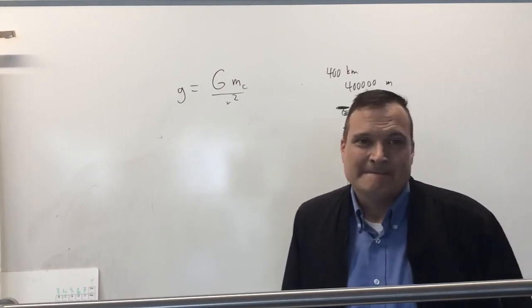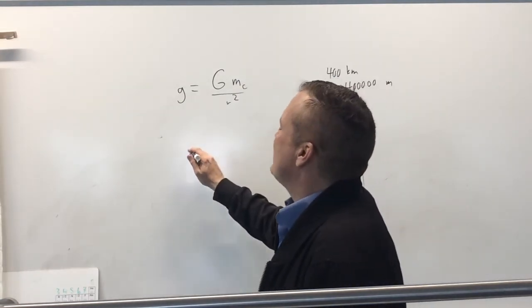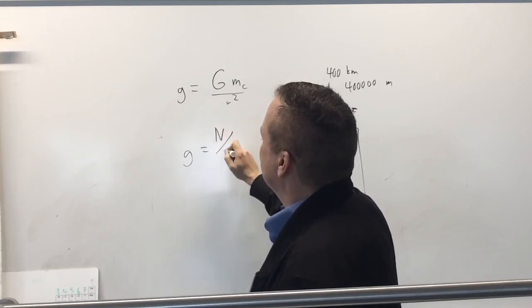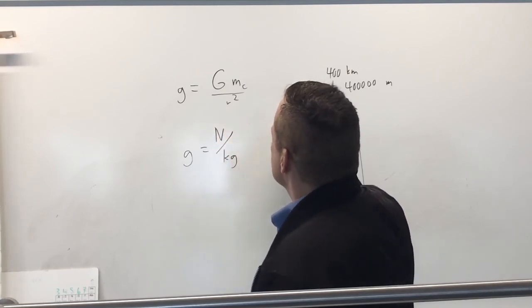Oh, okay. Another way to find gravitational field is to think about the units. It's newtons per kilogram, meters per second squared.